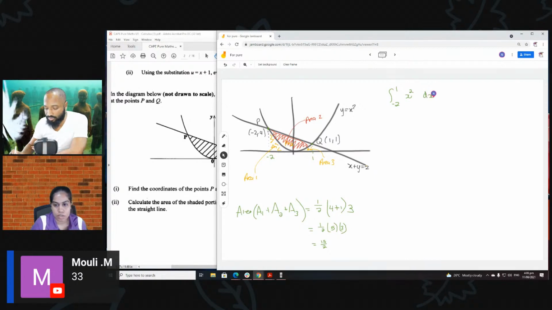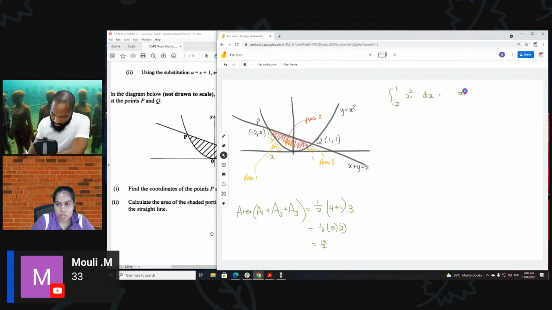Everyone understands how I got that integral? This would be the area 1 and area 3. So we're going to integrate this. We would get x cubed over 3, with limits 1 and -2.